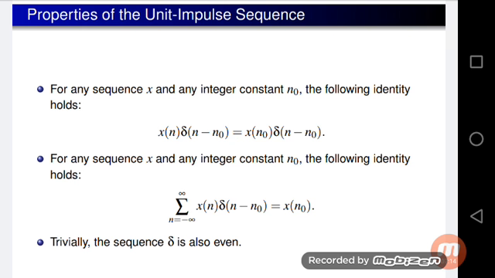For any sequence x and any integer constant n naught, the following identity holds: summation of n equal to minus infinity to infinity x of n delta of n minus n naught is equal to x of n naught. Trivially, the sequence delta is also even.